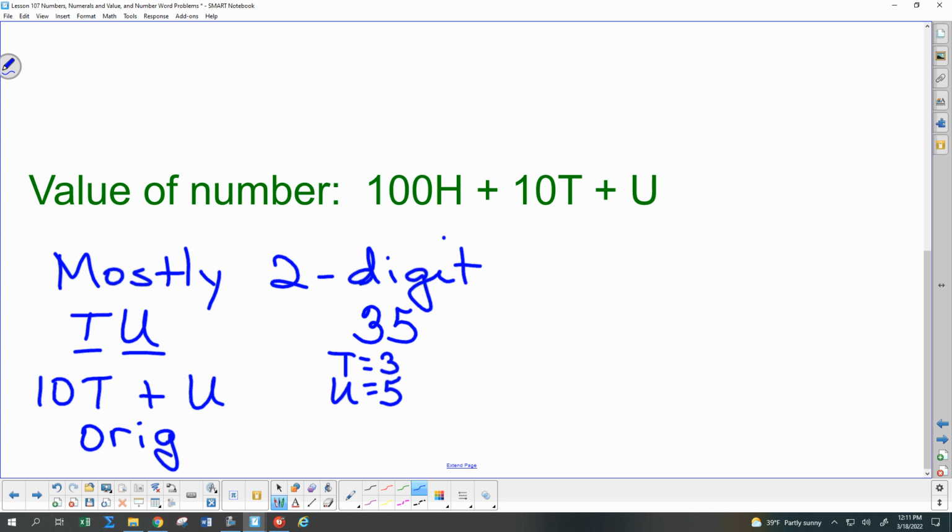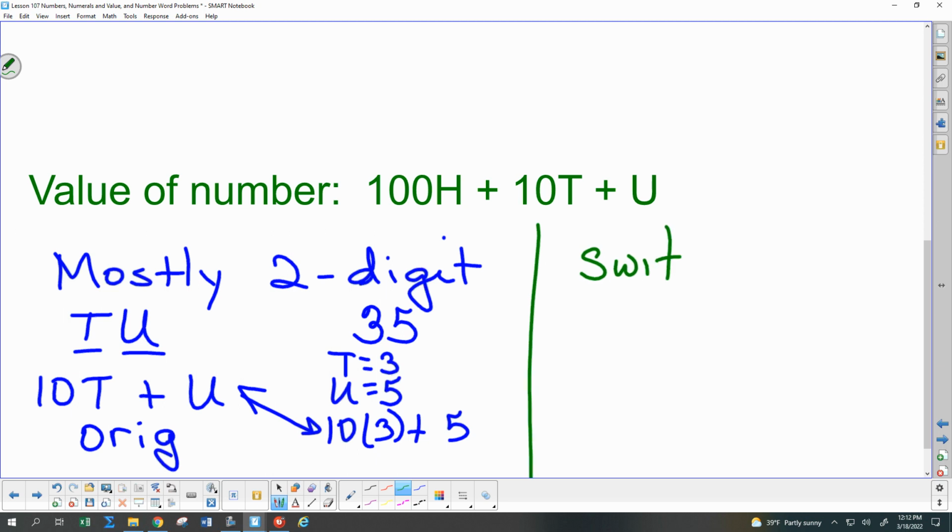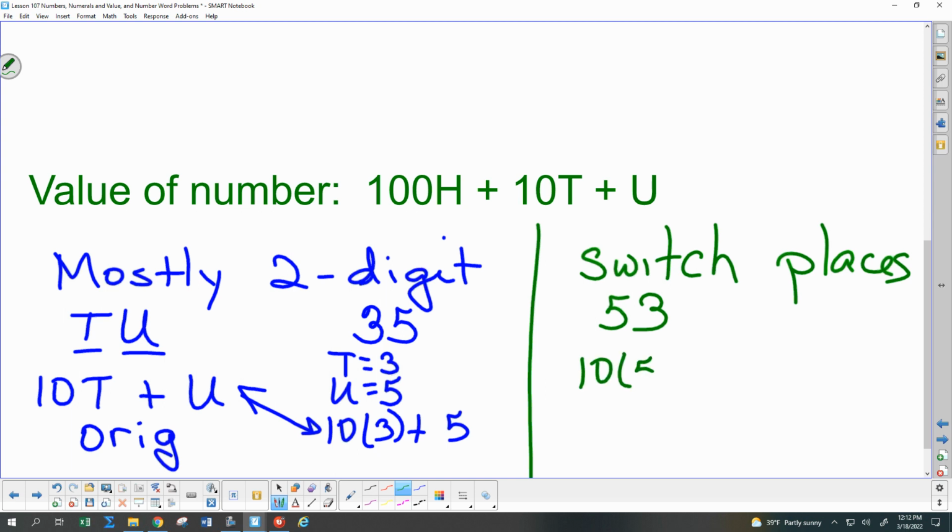This value would then be 10 times the 3 plus 1 times the 5, the value of that original number. A lot of these problems, not all of them, are going to talk about switching places. So if they're really thinking of 35 to begin with, when we switch it, it's going to be 5 then 3, which we know is worth 10 times the 5 plus 3.